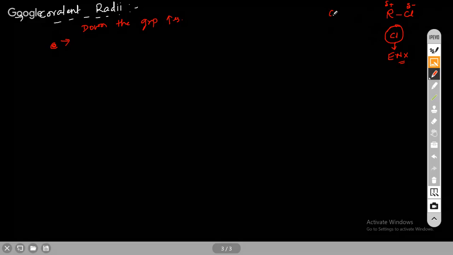When carbon is attached with hydrogen, in that case carbon has slightly more electronegativity, so carbon will have slightly negative charge. So it means electronegativity is a relative concept. We can only explain electronegativity between two atoms. For an atom which is independent, free, we cannot define electronegativity.